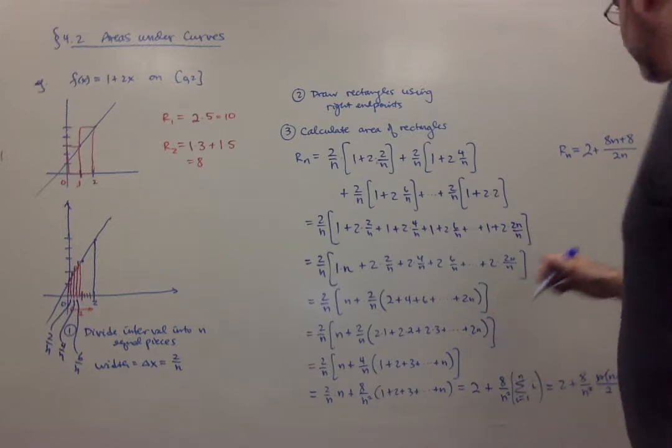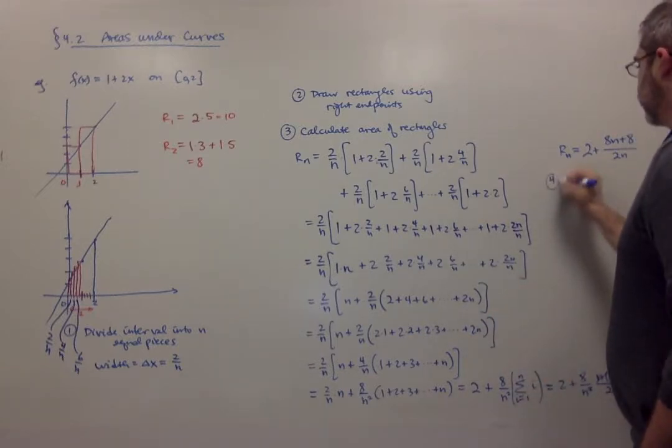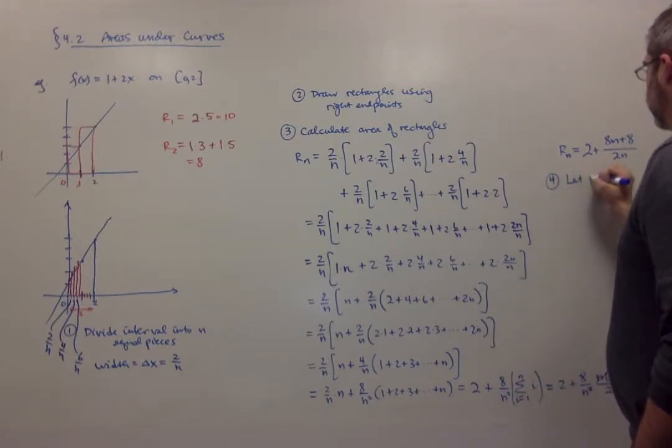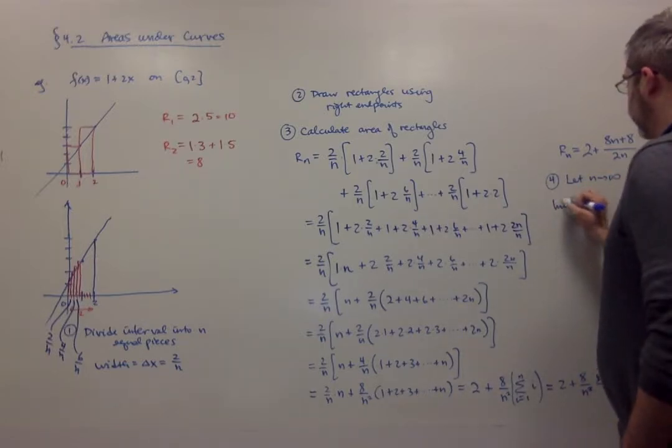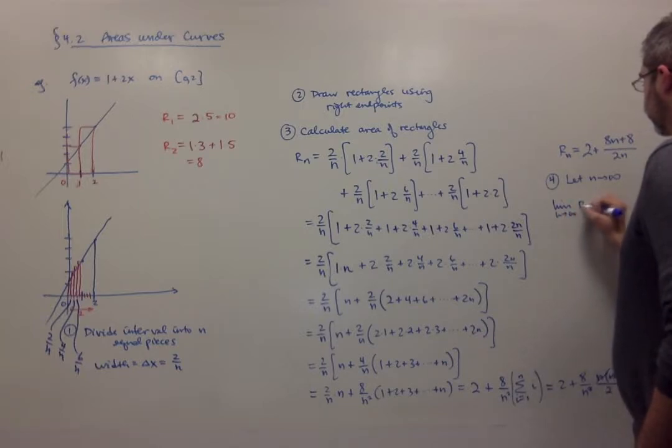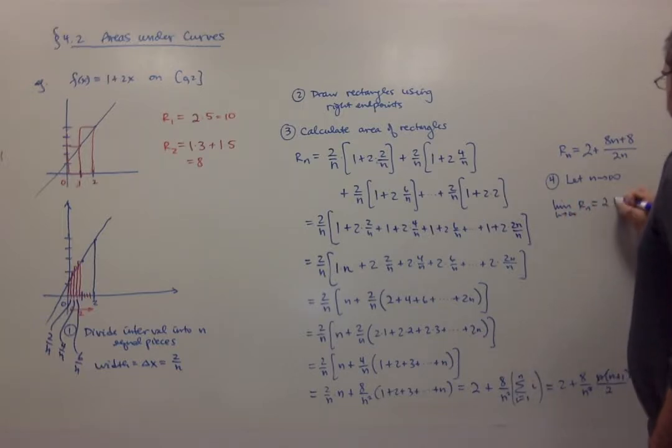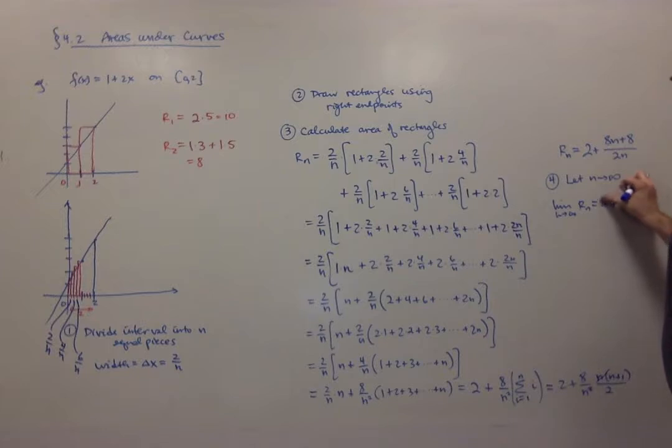Now the last part, the last epiphany that Newton had, was to let n go to infinity and see what happens. So I want to take the limit as n goes to infinity of 2 plus 8n plus 8 over 2n.